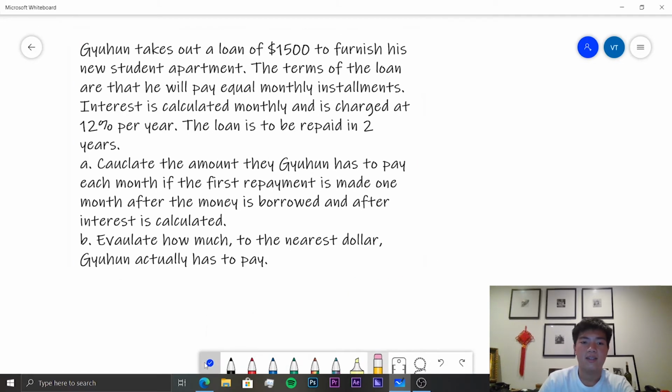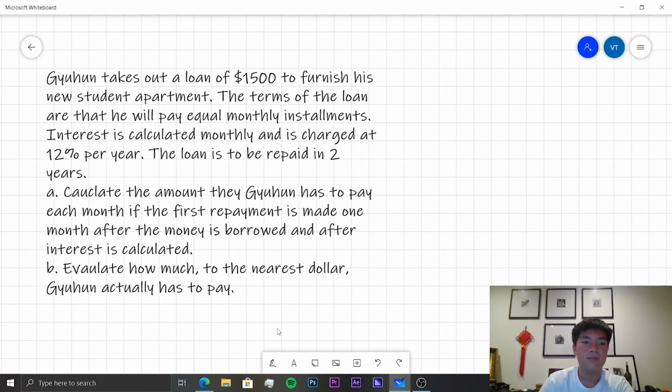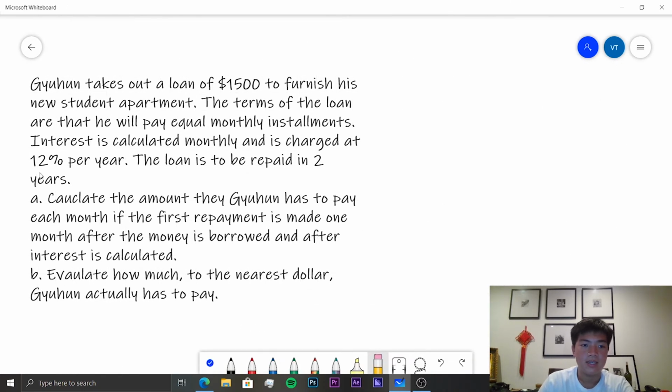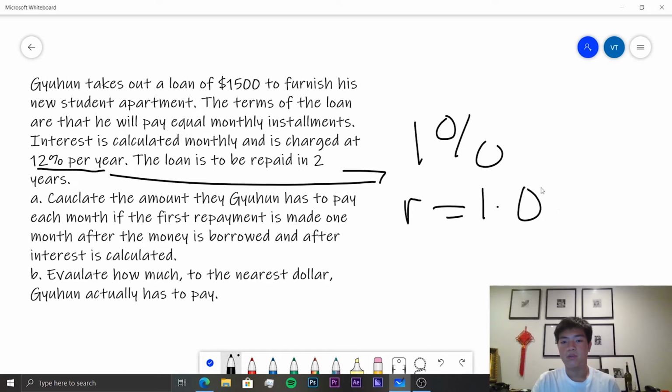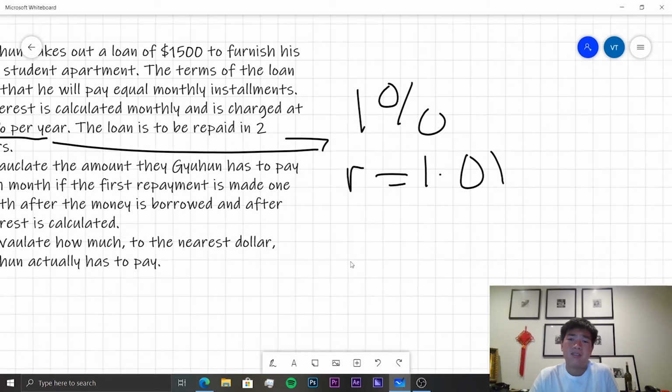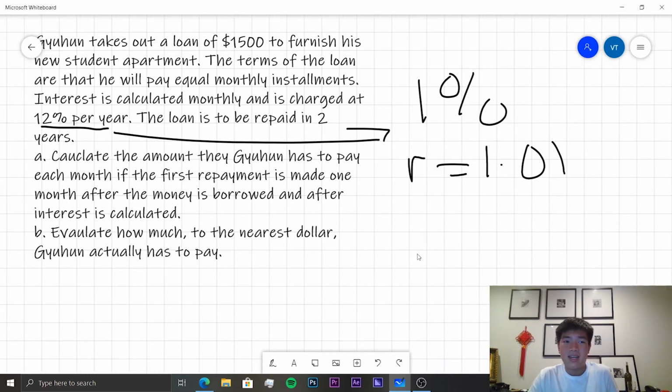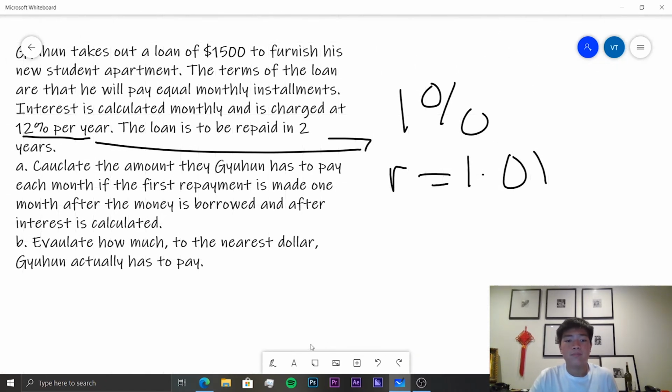Okay, so it looks like we've been set up with a geometric sequence. The interest is 12% per year, which conveniently makes it 1% per loan payment, since we're dividing the interest equally among the loan payments. It means the common ratio is equal to 1.01. And I'm going to assume this is compound interest because we're in IB and simple interest is for kids.